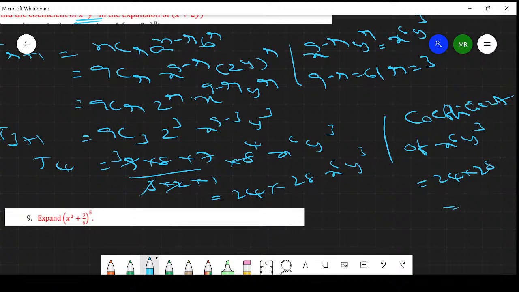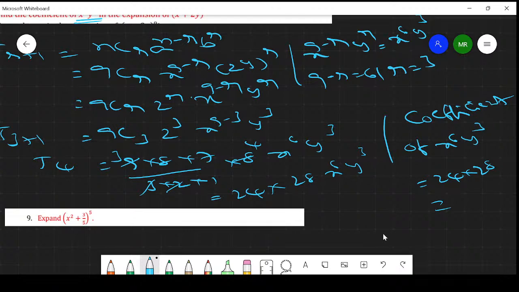You multiply this and write your answer. I hope you understood. You got that point. You can multiply that and write that value. You get the answer.